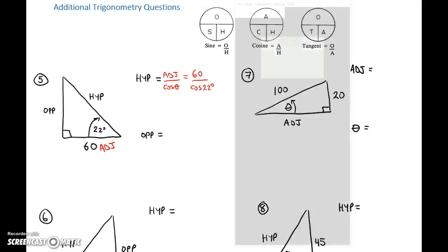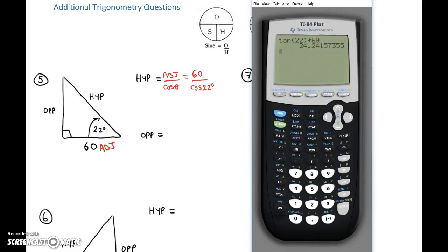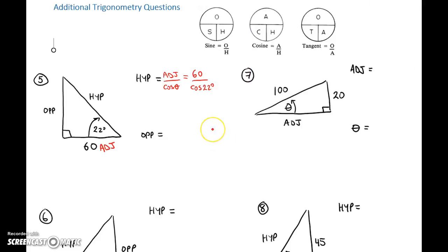If we drop that into our calculator, we've got 60 divided by the cos of 22, close brackets, and that gives us 64.71. I'm not going to round up because this third decimal place is a 2. So 64.71.